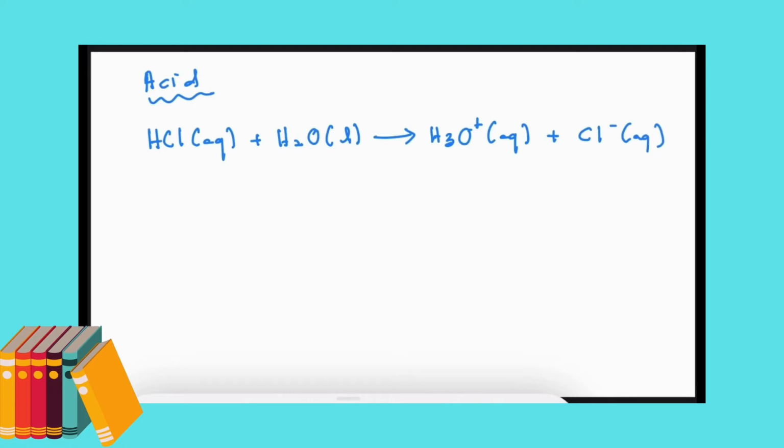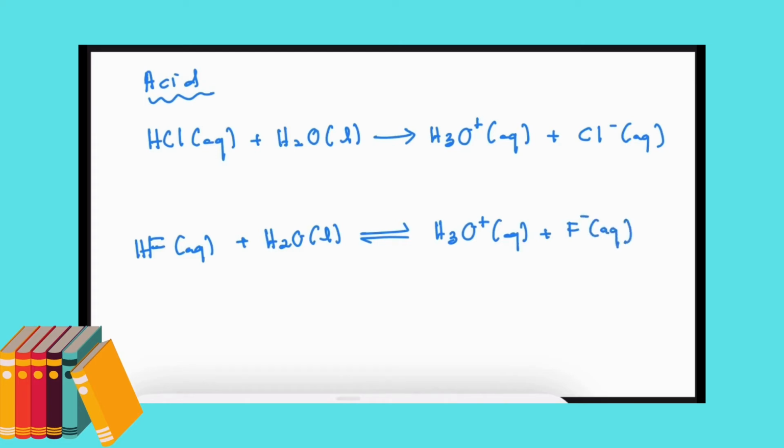Another example is, let's say we have hydrogen fluoride. It undergoes reaction with water and it will produce... If we look here, there are two different types of equation, this one and this one.